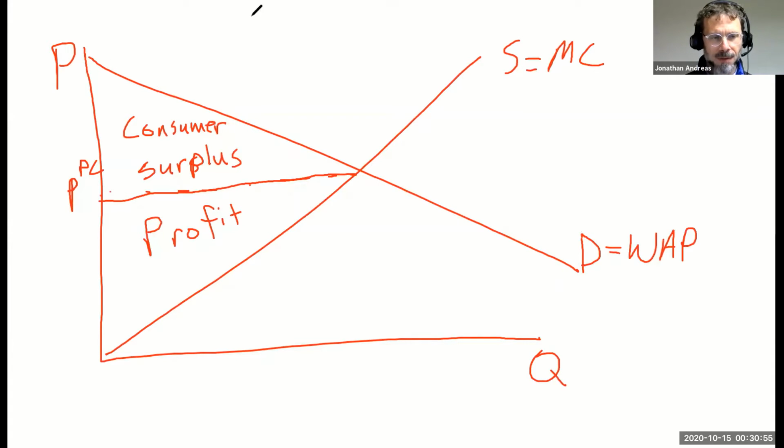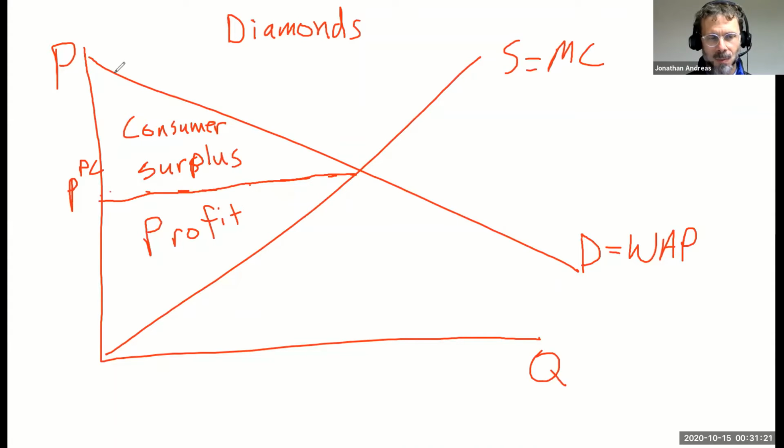So if this is the diamonds market, then some people would be willing to pay a very high price for diamonds, and if they only had to pay $1,000 for a diamond instead of $2,000, they earn a consumer profit, or a consumer surplus. So this area up here is consumer surplus.